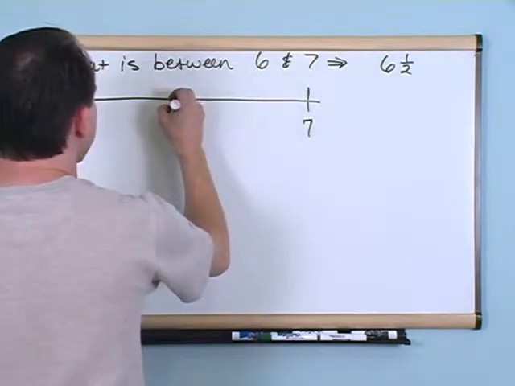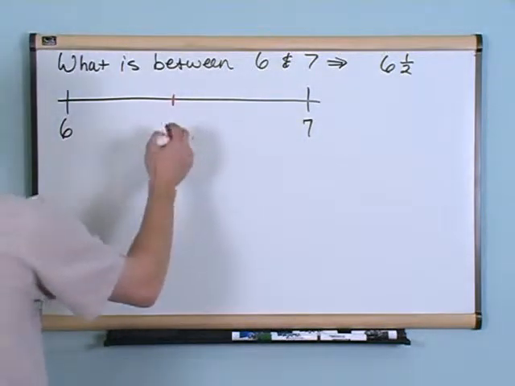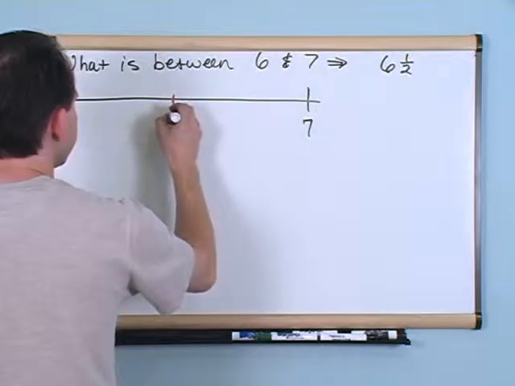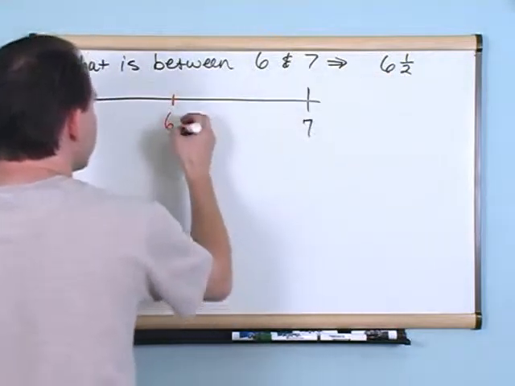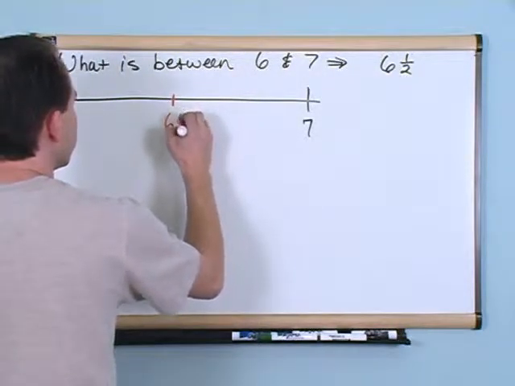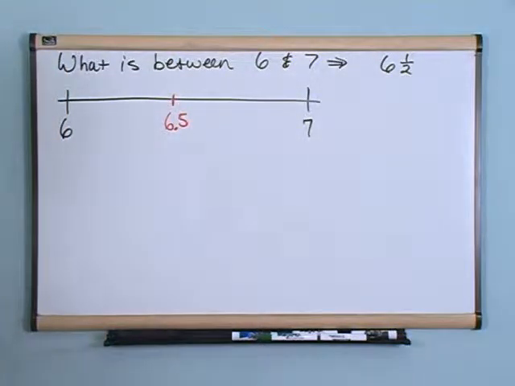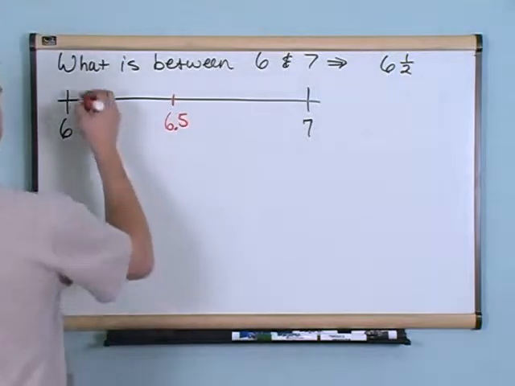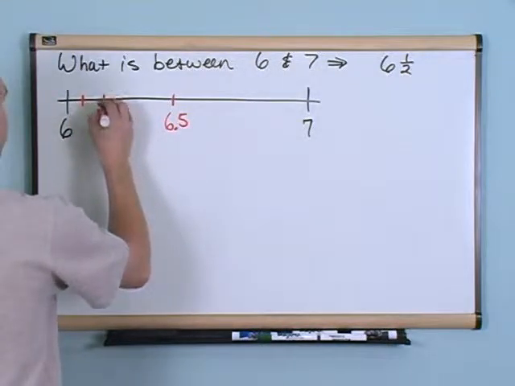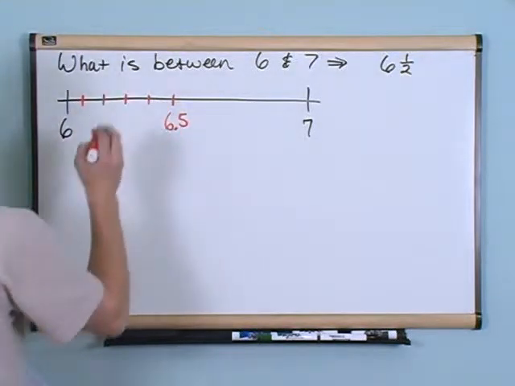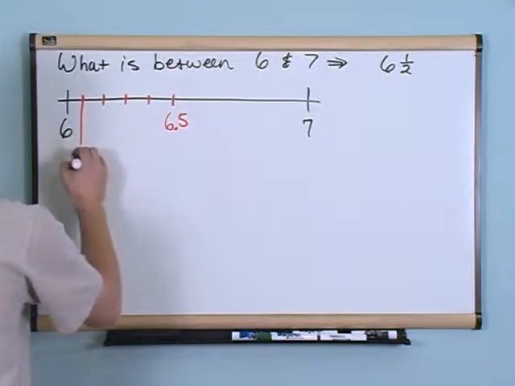So let's go ahead and do that. We'll have 6½, but we're going to write it a little bit differently. Instead of writing the 1/2, we're going to say 6.5, okay? Now to understand where this comes from, here is 6.1, 6.2, 6.3, and 6.4.